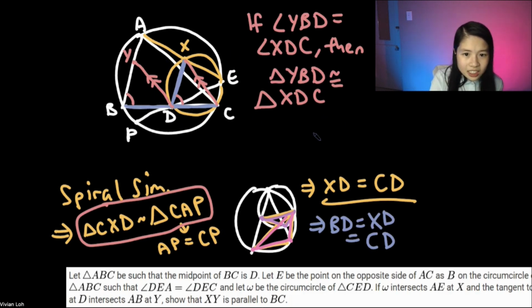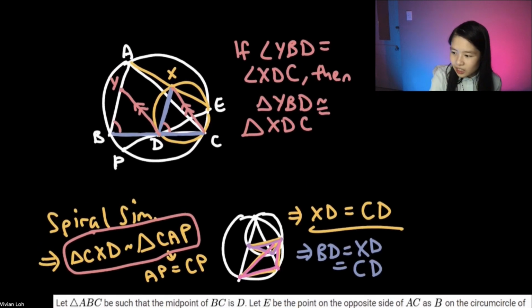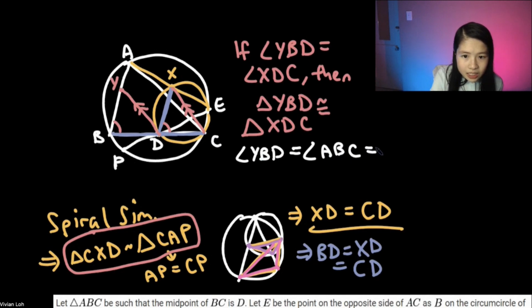And this is not very hard because we can just use cyclic quadrilaterals. So angle YBD equals angle ABC, which is angle APC. And then because triangle CXD is similar to triangle CAP, this is also equal to angle XDC.